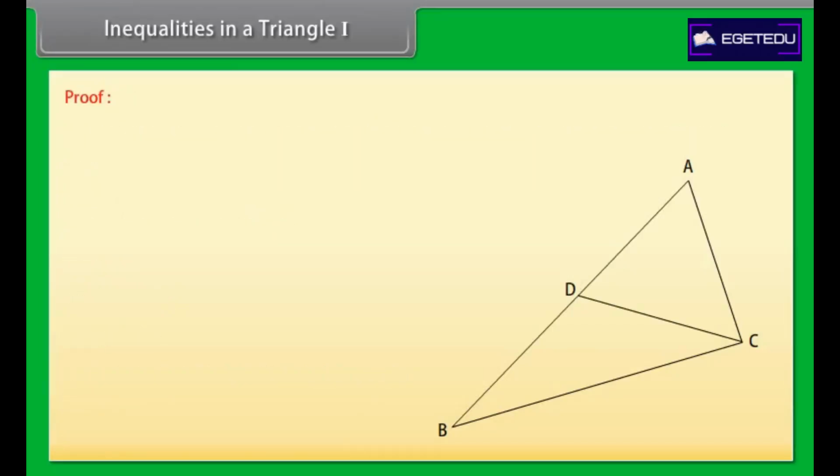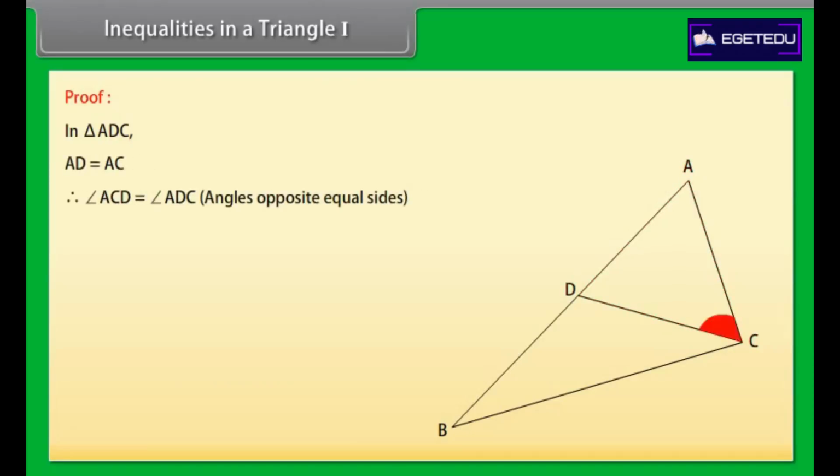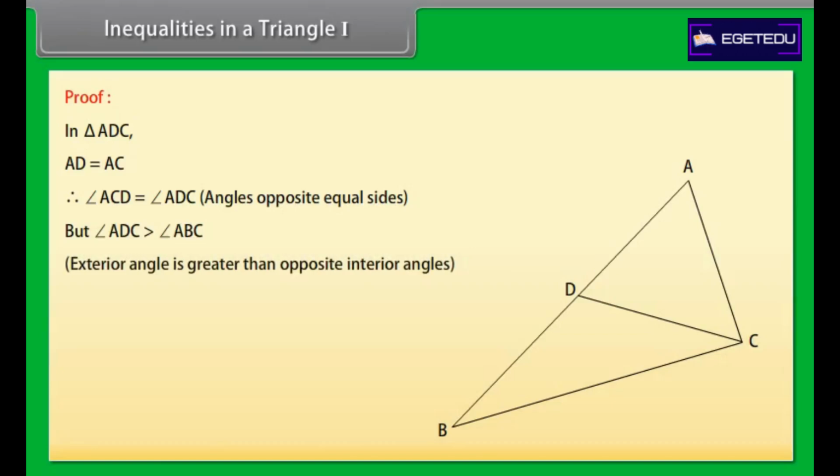Proof. In triangle ADC, AD is equal to AC. Therefore, angle ACD is equal to angle ADC because angles opposite equal sides of a triangle are equal. But angle ADC is greater than angle ABC because exterior angle is greater than opposite interior angles.